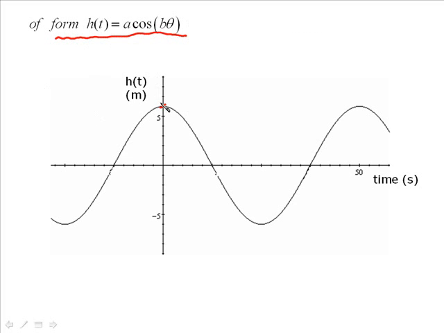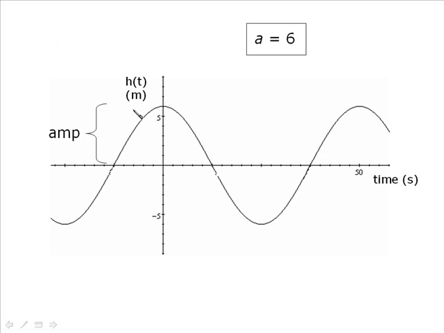Because the crest is right on the y-axis, there is no horizontal translation, therefore no c value. You can also tell by inspection, I hope, that this graph does not have a vertical translation. We are centered right at the x-axis, so it's symmetric about the x-axis.